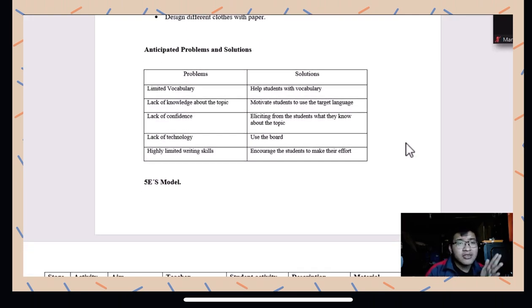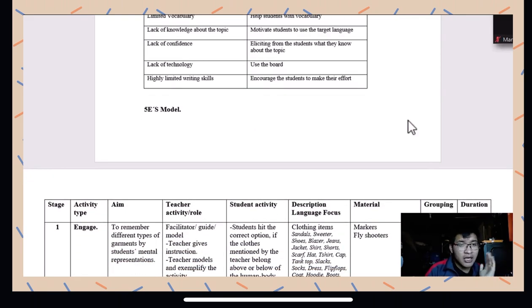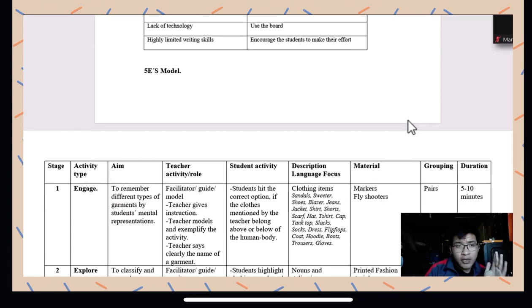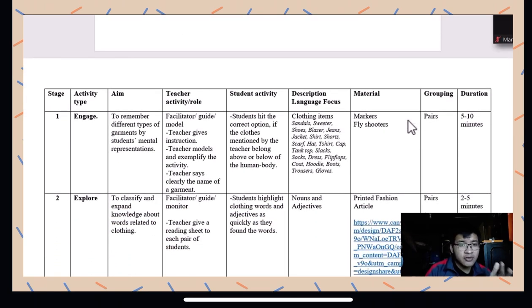So finally, what is the methodology that we chose to present our demo class? The methodology that we chose is the 5Es model. Starting with the first stage, the engage stage, the aim here is to make our students remember different types of garments, or in other words, pieces of clothes, by using the students' mental representation.